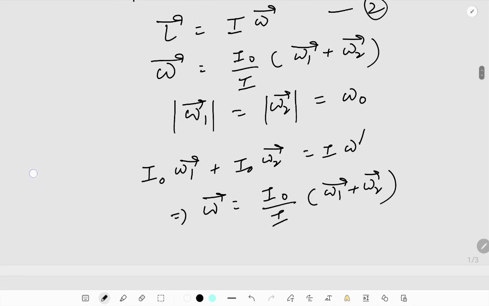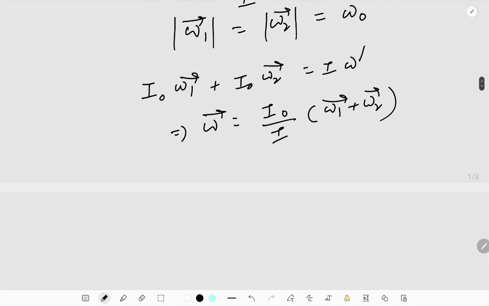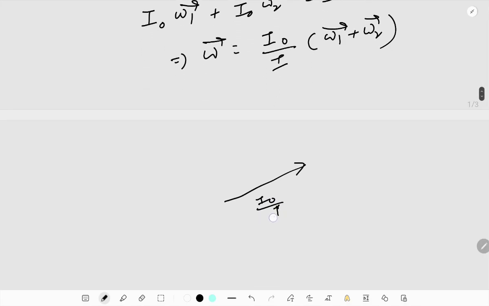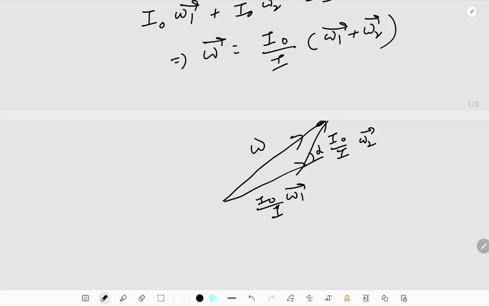So by adding two vectors having magnitudes I naught by I omega 1 and I naught by I omega 2, with the angle between them equal to alpha, you can get omega, using the same principle: these two angles are the same because omega 1 and omega 2 both equal omega naught in magnitude, and this angle is pi minus alpha.